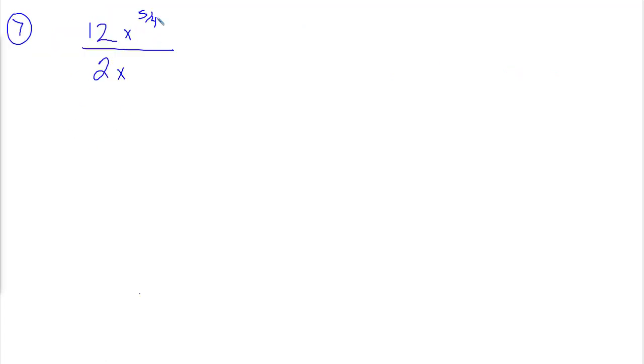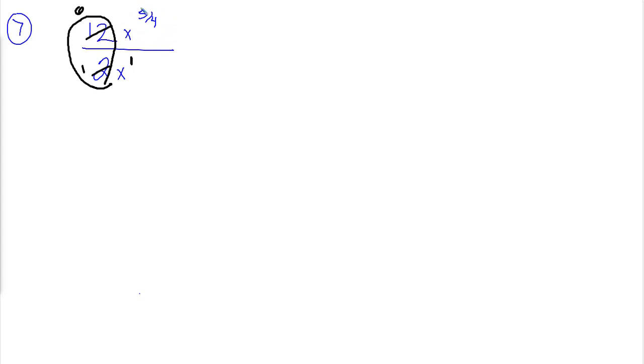So on this last one, we are dealing with fractions, and so that means we need to reduce the coefficients and subtract our exponents. This is understood to have a 1 as the exponent. So 12 divided by 2 will reduce, giving us 6 over 1, which is just the 6 stays in the numerator.